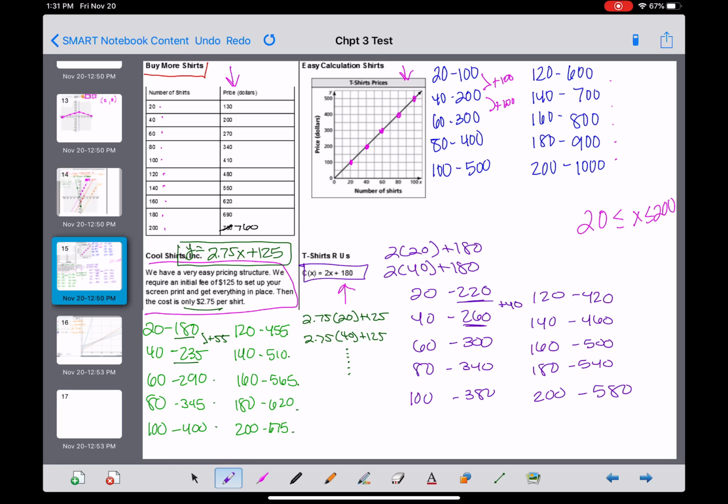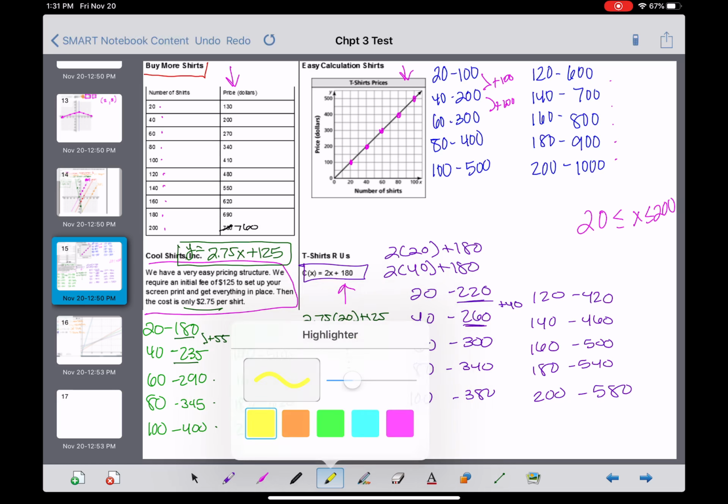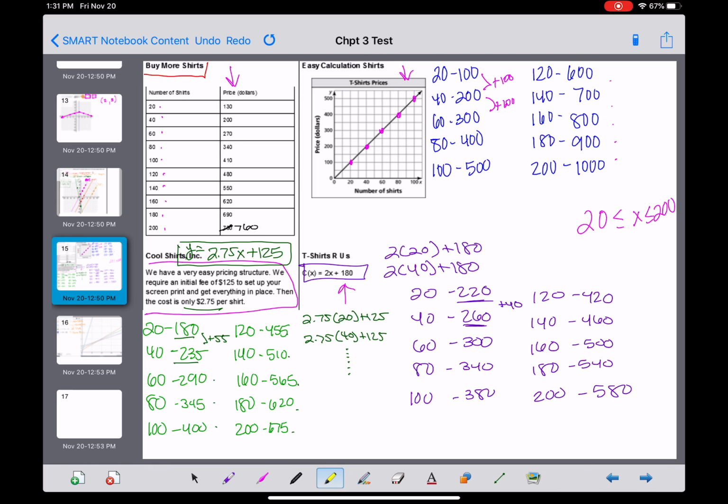So part 1 wanted to know which company should you choose dependent on how many shirts you were going to buy. So Easy Calculation was our cheapest for 20 shirts. And then it changed right away. At 40 shirts, our cheapest value was either Buy More Shirts or Easy Calculation.